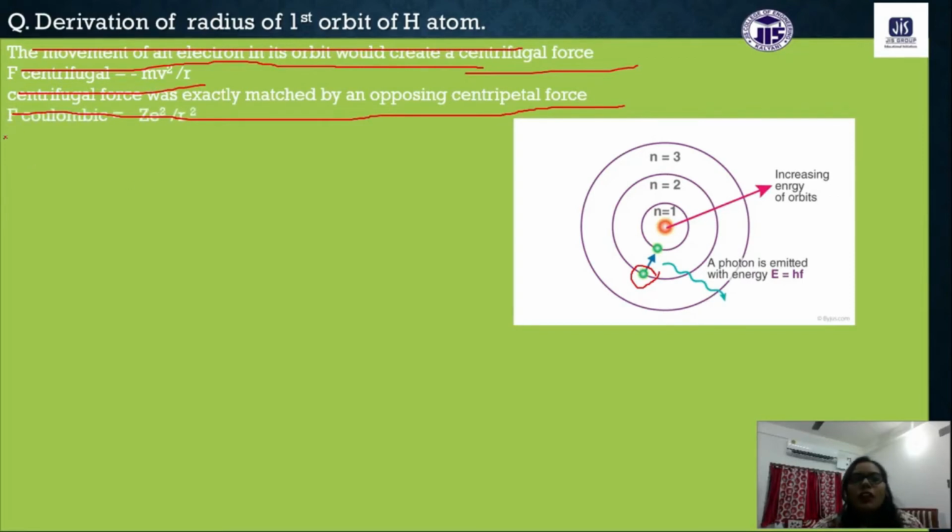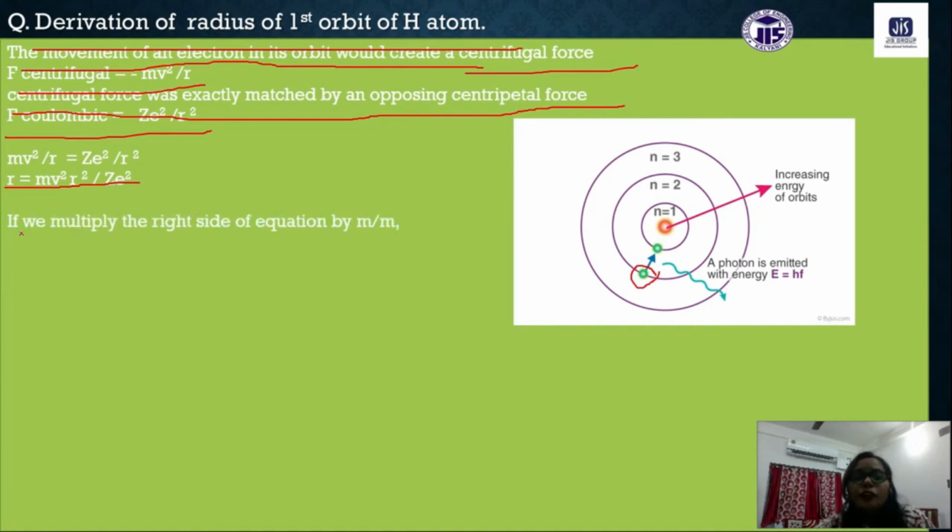Now this Coulombic force is minus z square by r square. So mv square by r equals to z square by r square, right? Next, that means r equals to mv square r square by z square.